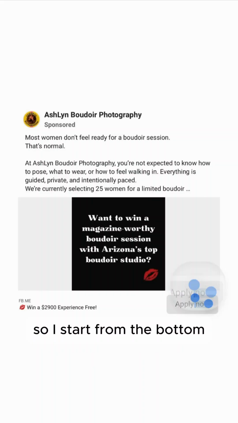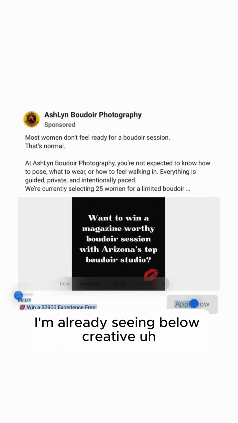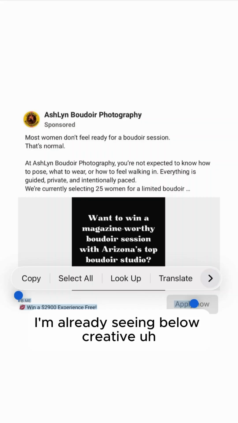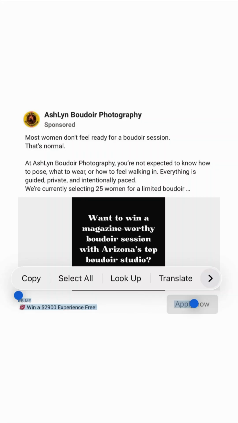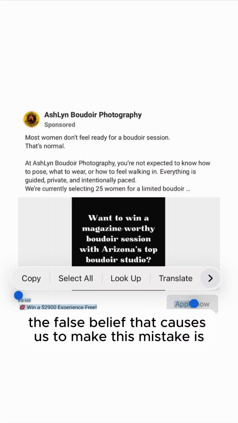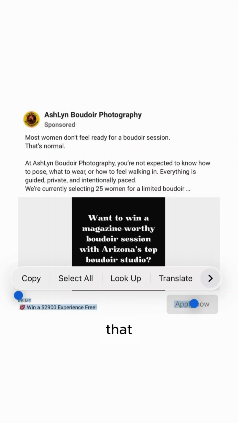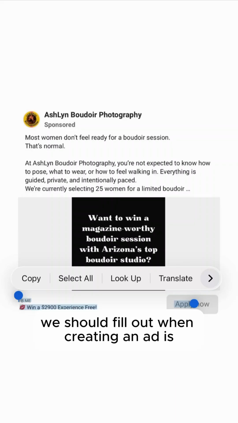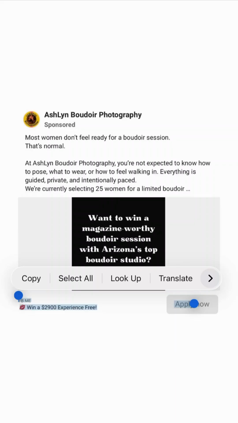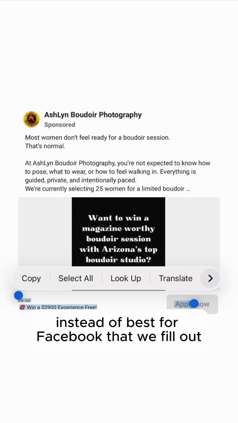So I start from the bottom. I'm already seeing below creative, the below creative cluster mistake. The false belief that causes us to make this mistake is that everything Facebook says we should fill out when creating an ad is best for us to fill out, instead of best for Facebook that we fill out.